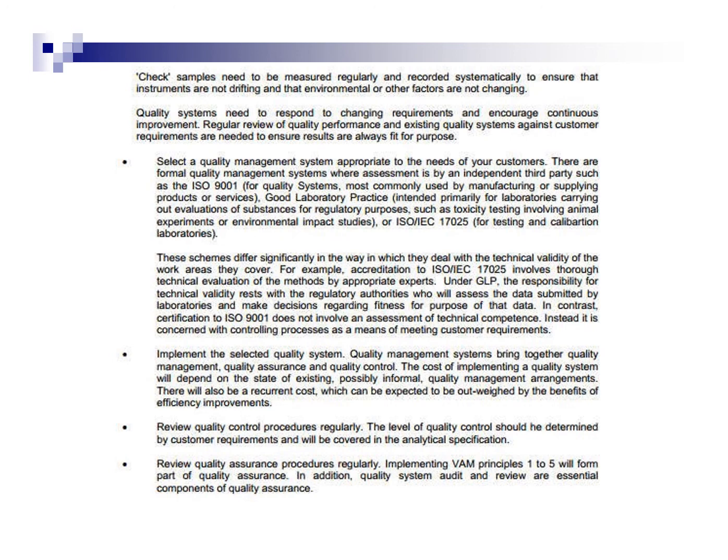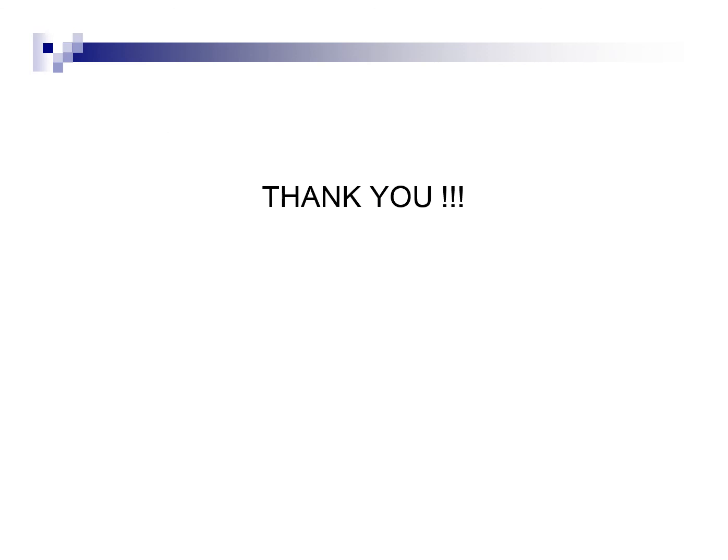When we implement principles 1 until 5 properly, we will achieve principle number 6 properly. So with that, we have done the principles of valid analytical measurements, and the next lecture will be on ISO.